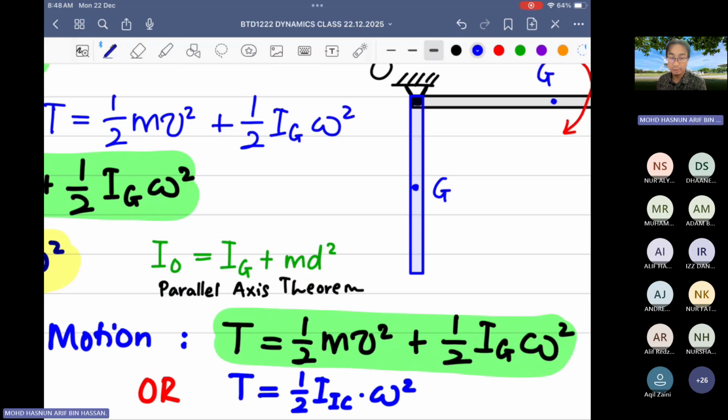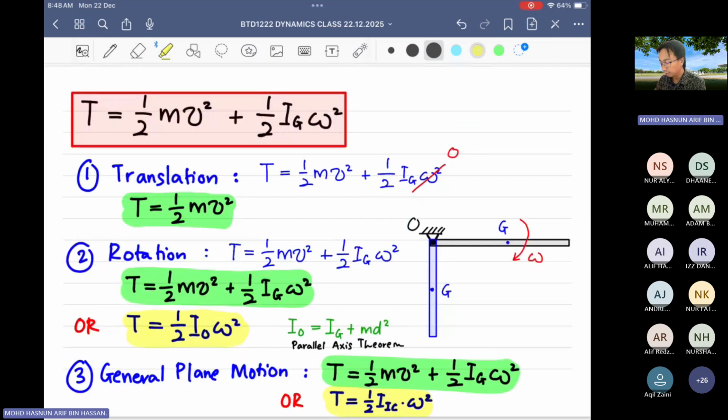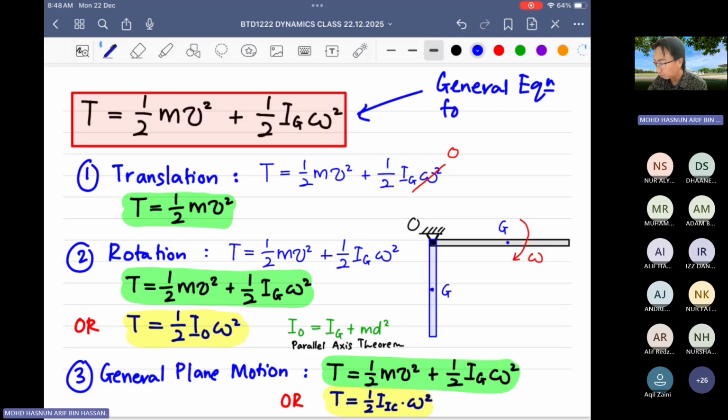So similar to rotation, you have two options. Either you calculate using the standard equation, this is the general equation to calculate the kinetic energy. So this is the general equation.